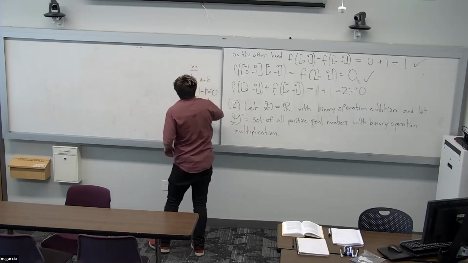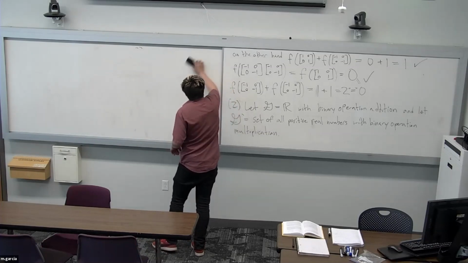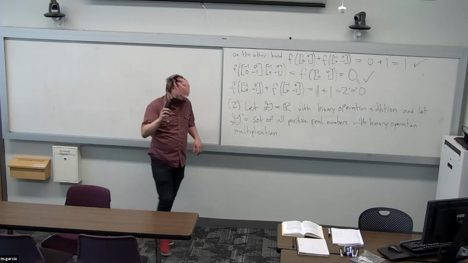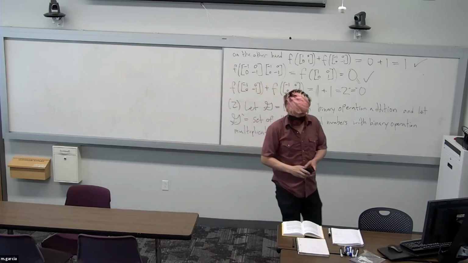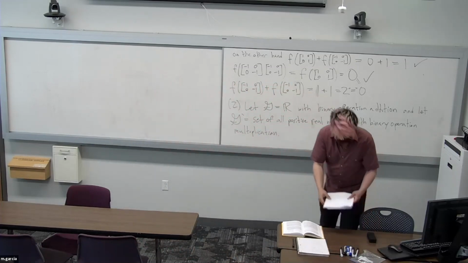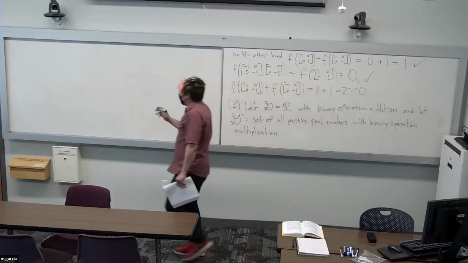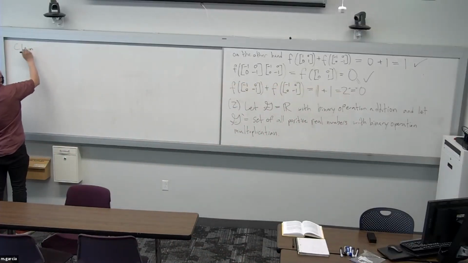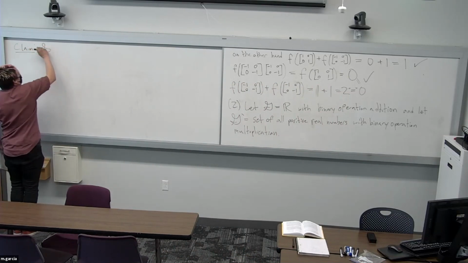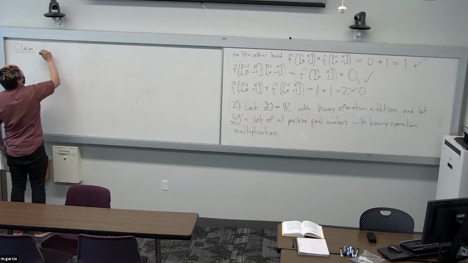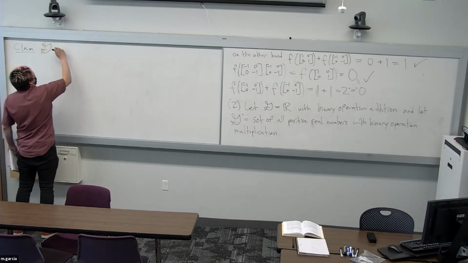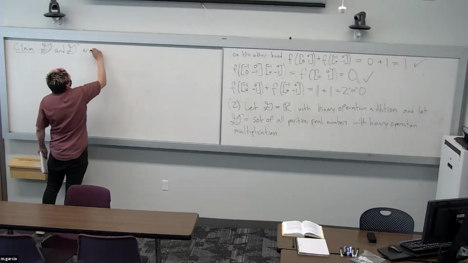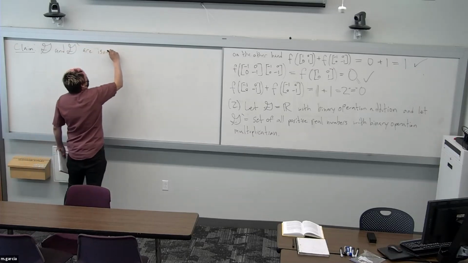Yes, so that is a consequence. 0 has to equal 1, via some homomorphism. So I claim G and G prime are isomorphic.